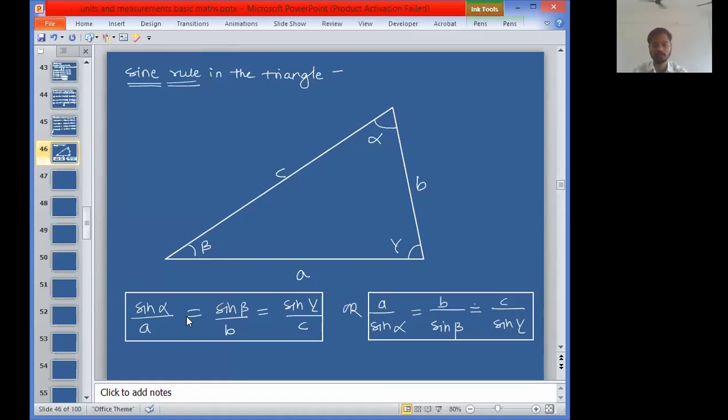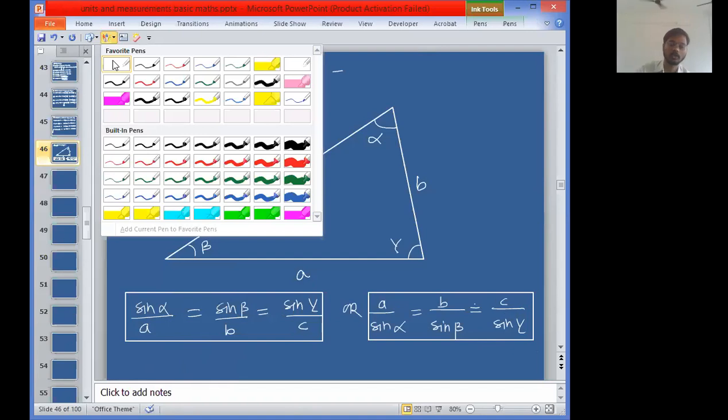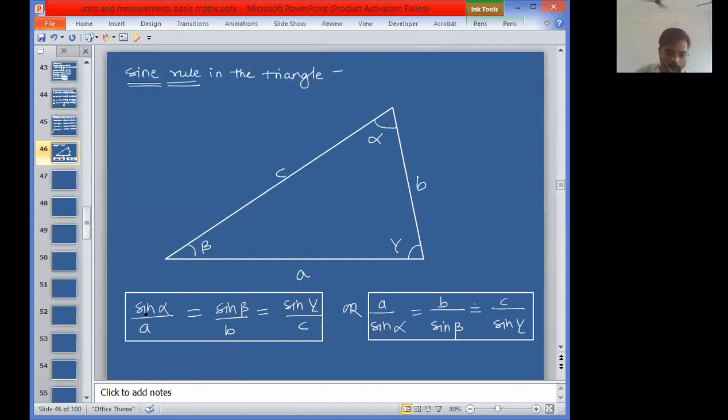Or I remember it in this fashion: sine alpha upon A equals sine beta upon B equals sine gamma upon C, sine of alpha, beta, gamma upon A, B, C. This is called the sine rule in the triangle. Reply in the chat box, clear and written.